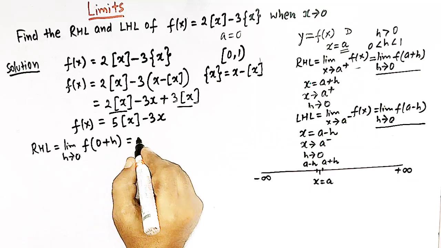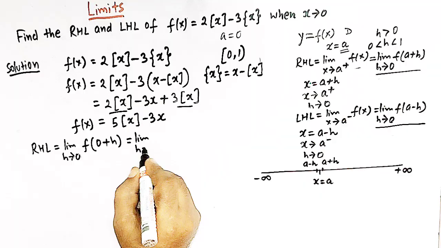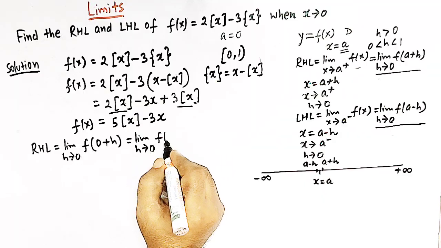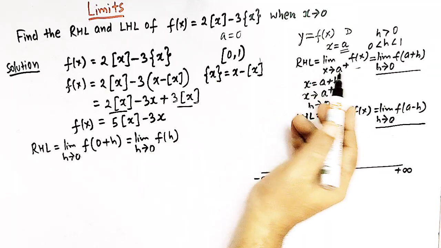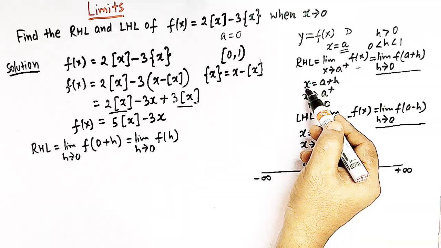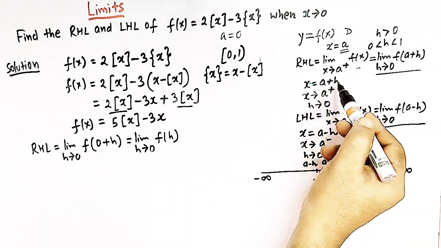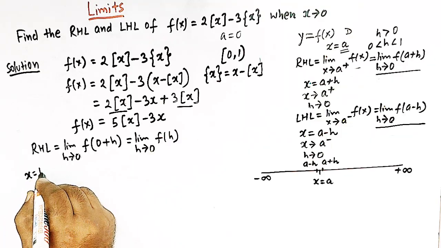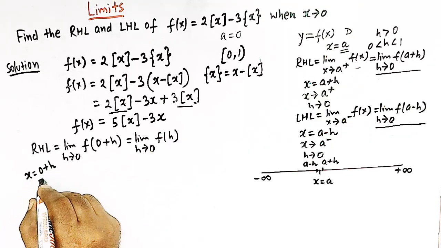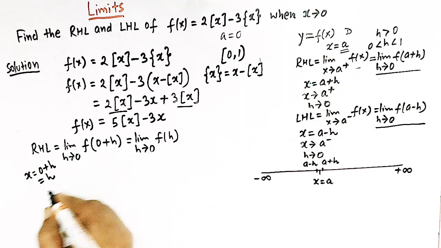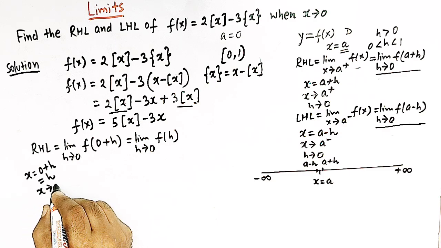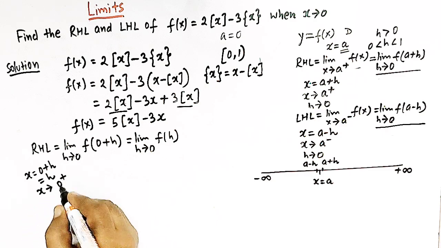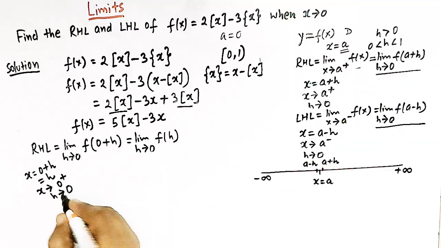We can now write limit h tends to 0, f of h, where we have taken x equal to 0 plus h. So x is equal to h, and when x approaches 0, then h tends to 0.